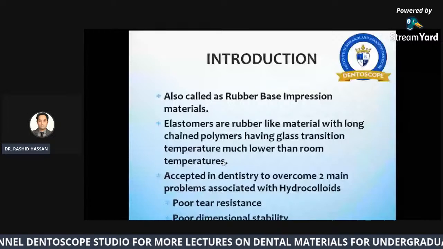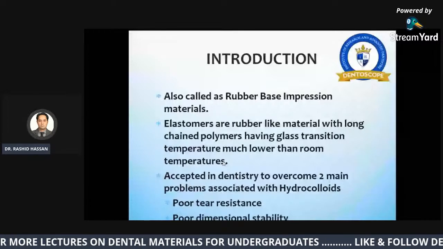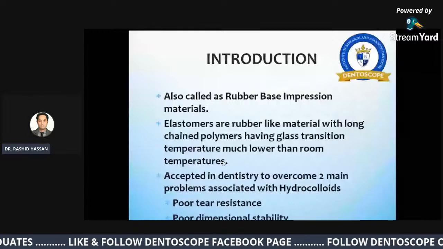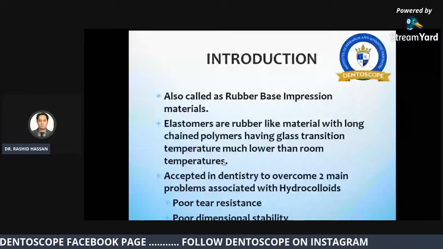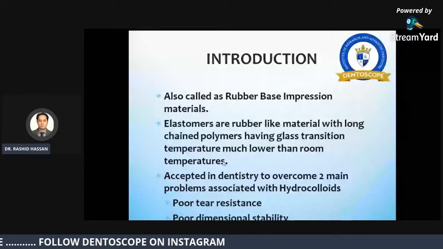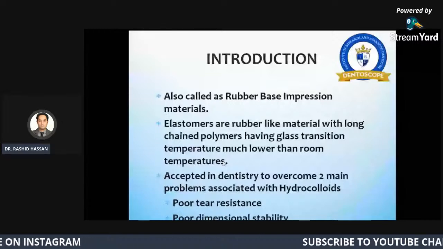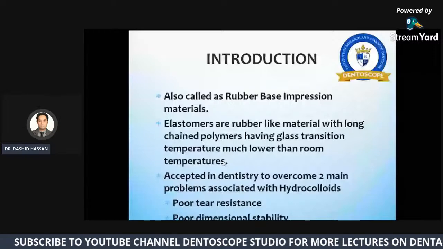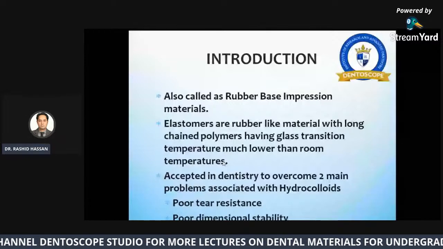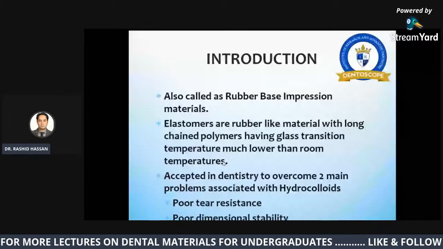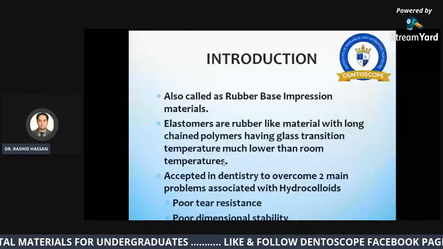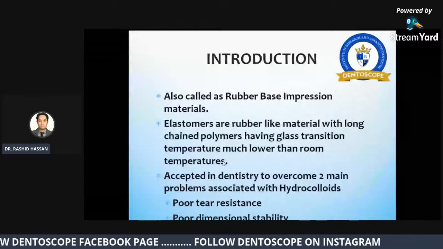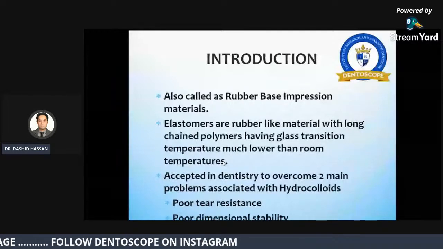Basically, if you look at it, the impression material is a transition process, you can say an evolution. First, we had the impression plasters, then we moved towards the elastic impression materials like hydrocolloids, agar, and alginate. We got a few good properties of elasticity from agar and alginate, but certain properties like tear resistance and dimensional stability were very, very poor.